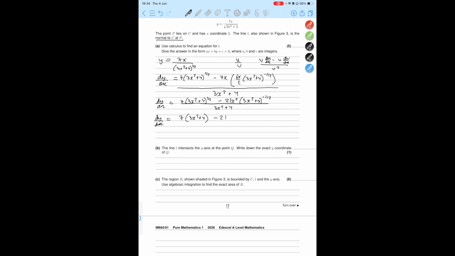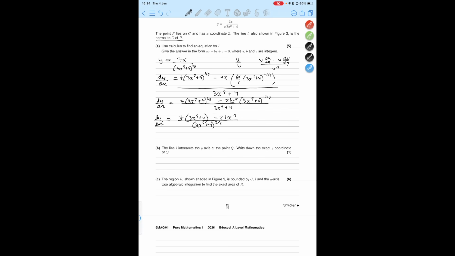This will become minus 21x squared, because the powers add to 0 and anything to the power of 0 is 1. And the bottom, 3x squared plus 4 multiplied by (3x squared plus 4) to the half, will just be (3x squared plus 4) to the power of 3 over 2. All I've done is multiply the top and the bottom by (3x squared plus 4) to the power of a half.